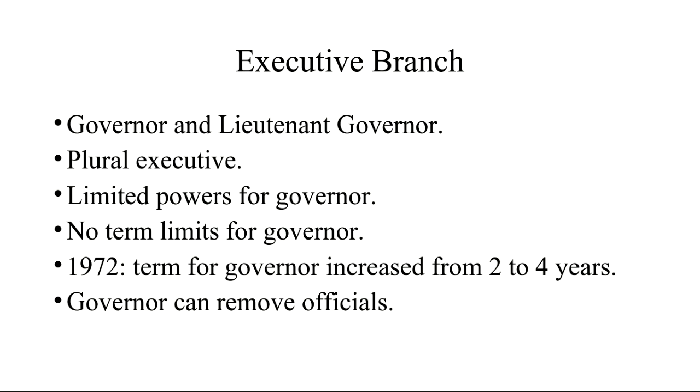Which again leads to the question, who's in charge? Who's in charge of what? How do we know who's responsible for what particular action? Makes accountability, again, a bit harder. You don't know whose fault it is if something goes wrong.